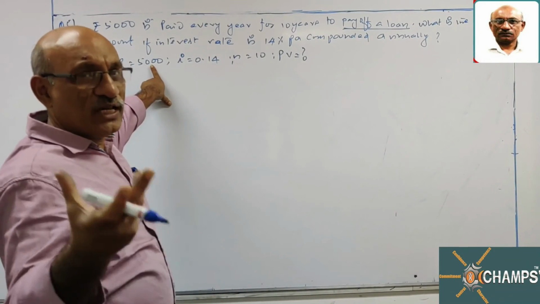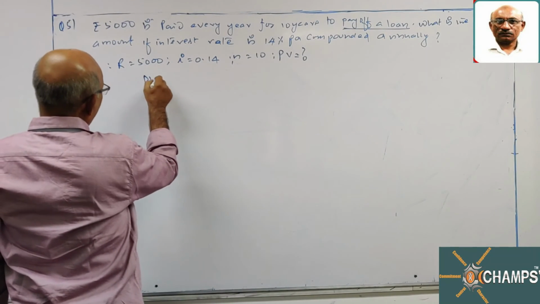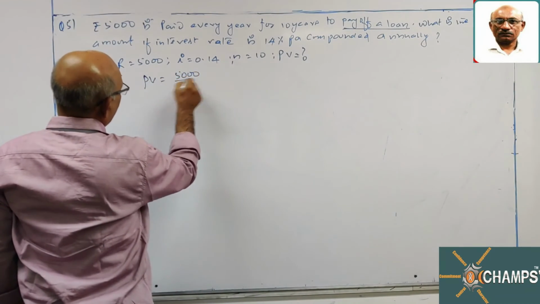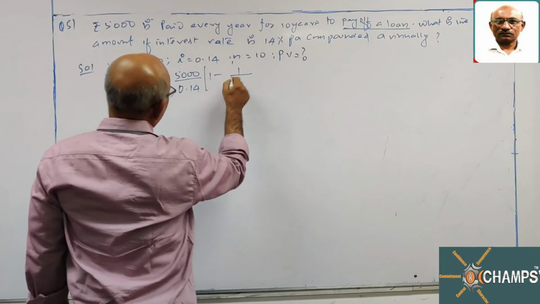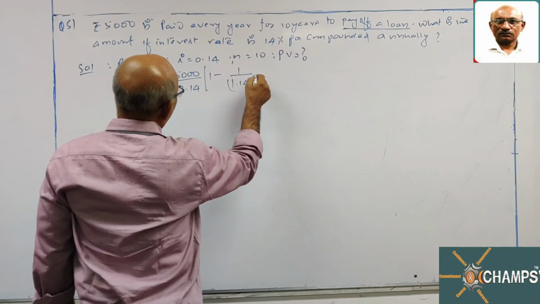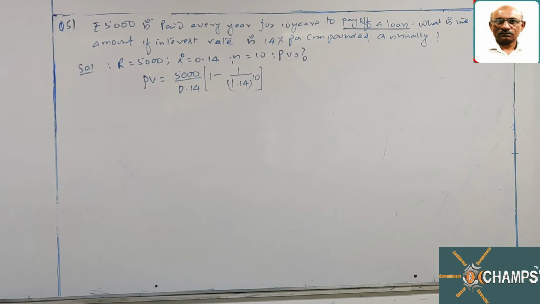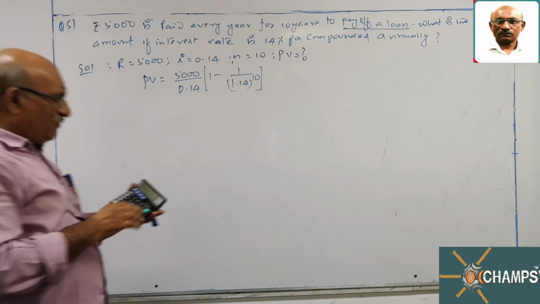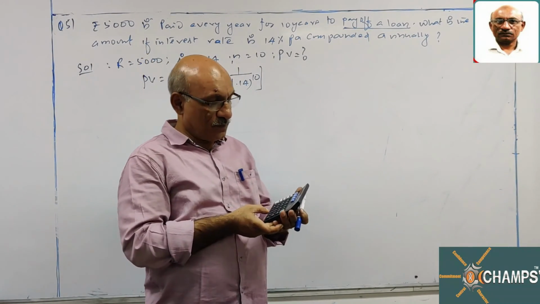So let me know what is the value of the loan. So present value is equal to 5,000 divided by 0.14 into 1 minus 1 by 1.14 whole power 10. So let's see, 1.14 to the power 10.